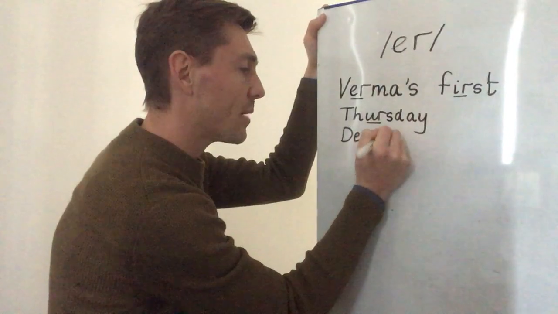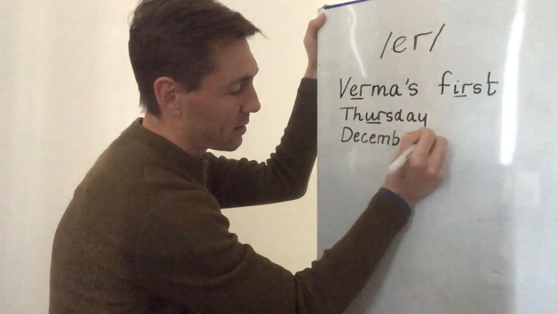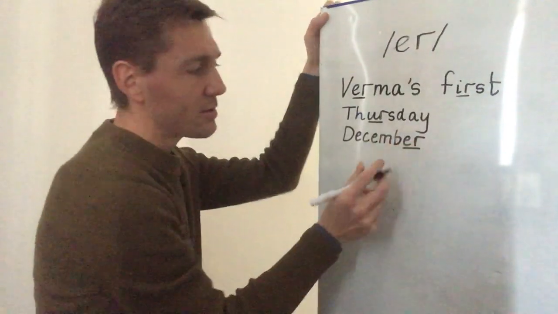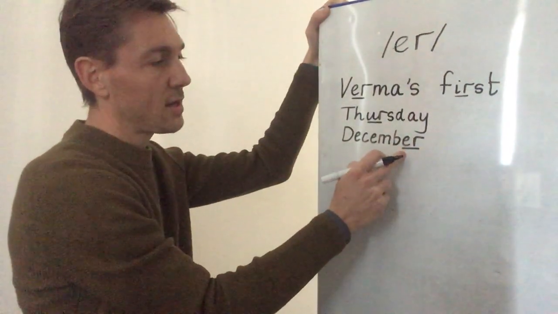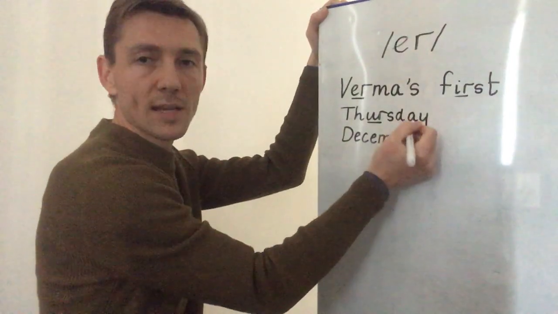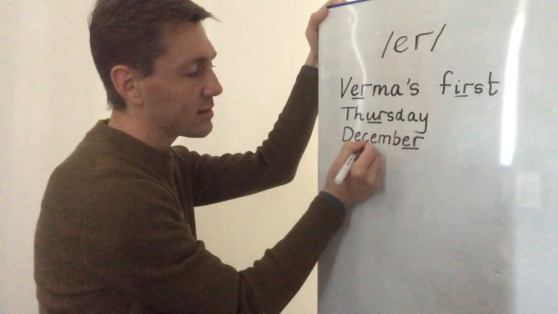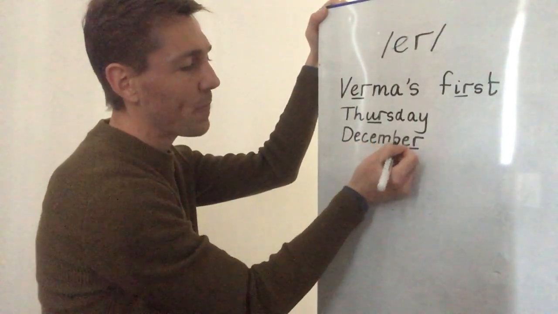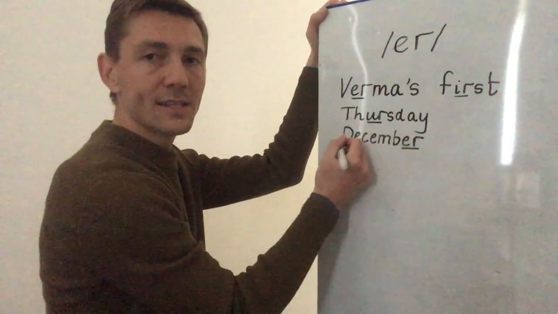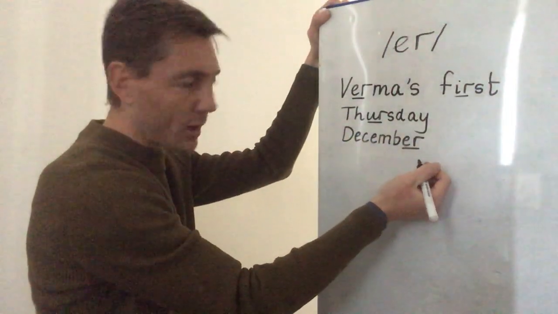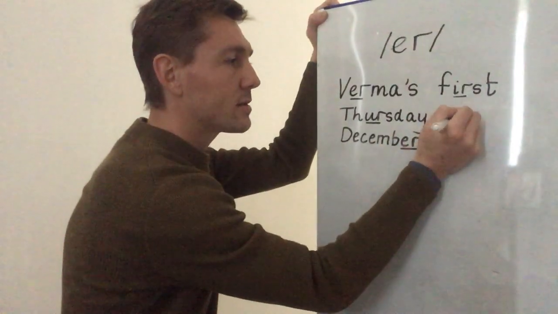Now we talked yesterday about how we don't say the sound when we say the word December, but we do use the spelling to spell it because it's that schwa sound at the end of a word. So we say d, e, c, e, m, b, er. December. Okay, Thursday, December, the end of term.